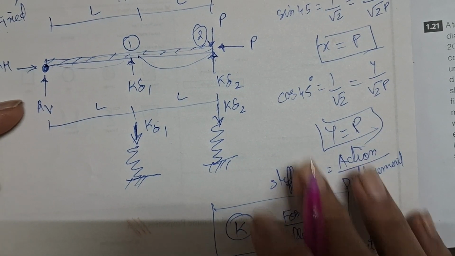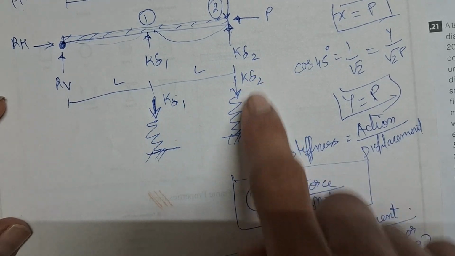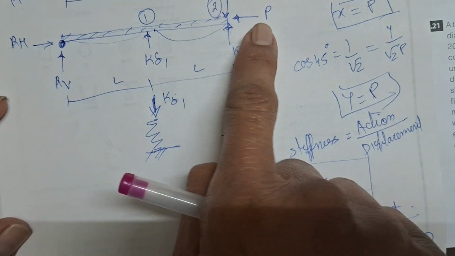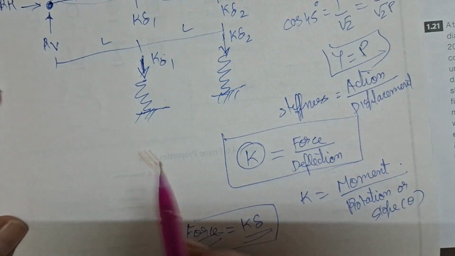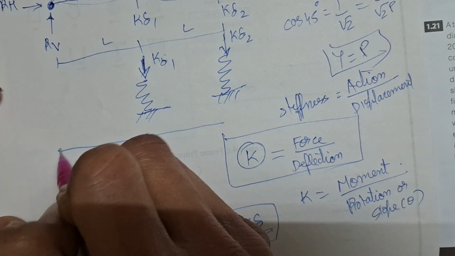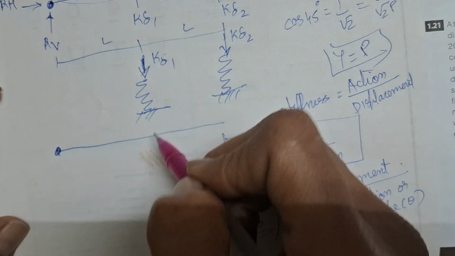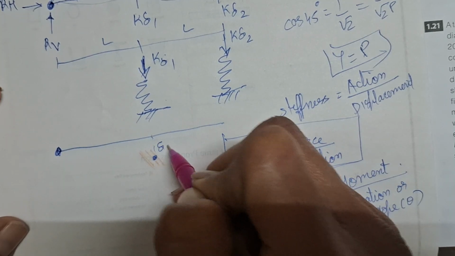Is it okay? Now because of this K delta 1 force and K delta 2, there will be some deflection in spring 1 and spring 2. Okay, and this point is hinged, so it is fixed. So I am drawing over here. You can see this point is fixed. The K delta 1 point will be deflected by delta 1.